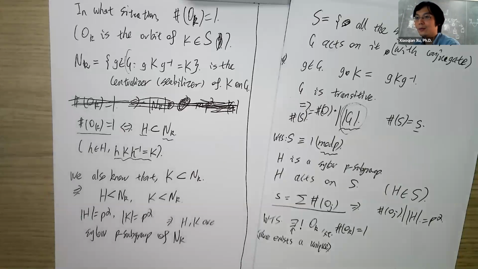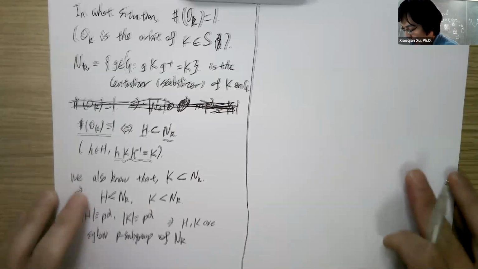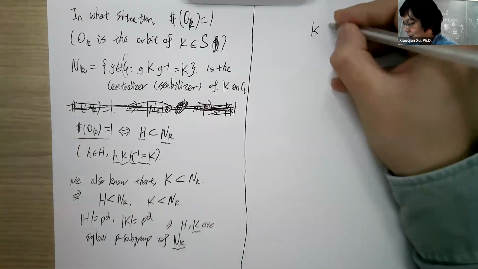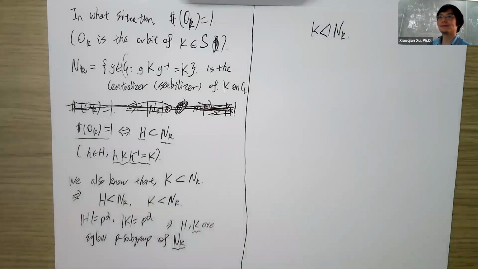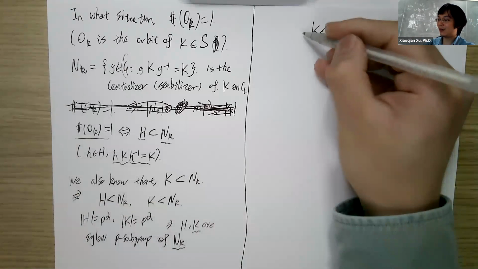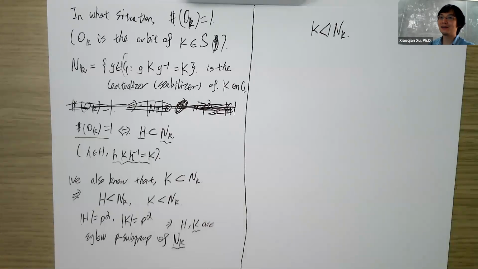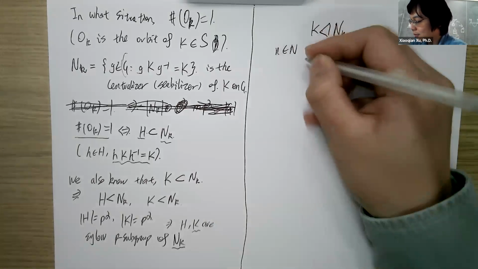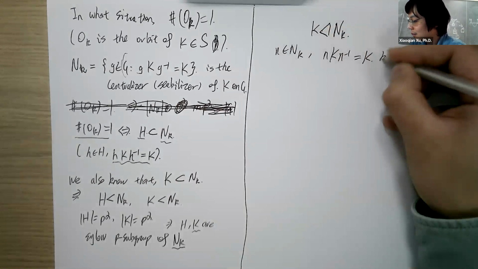And what we also know is, magically, if you consider Nk and K, K is actually a normal subgroup of Nk. Why is that? Of course, if you multiply K by an element and by its inverse, it equals K for any element of Nk. So if n belongs to Nk, then nKn inverse equals K by definition.